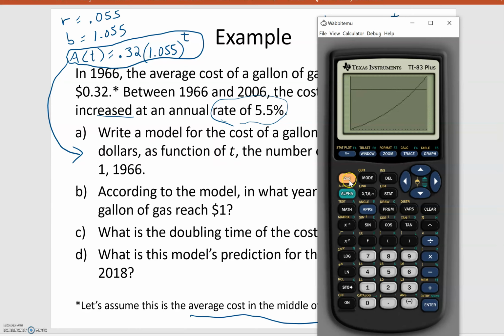Yep, there it is. Okay, so we're going to do intersect, first curve, second curve, and then let's move over to our guess.